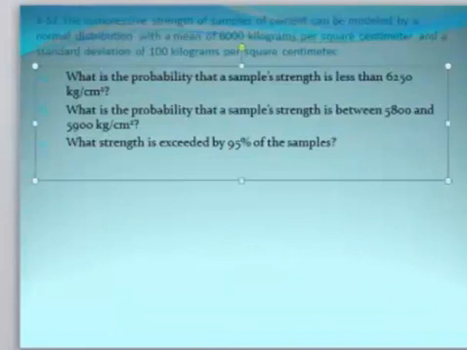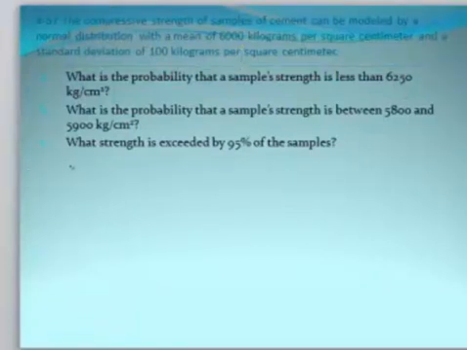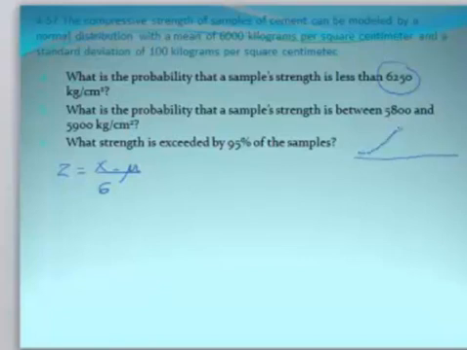So here we go. What's the probability that a sample strength is less than 6250? Well, all we have to do is use our magical formula, which is z is equal to x minus mu over sigma. And then we're going to translate this into a z-score. Remember, if we wanted to, we could have a chart that had as its mean the 6,000 kilograms right here.